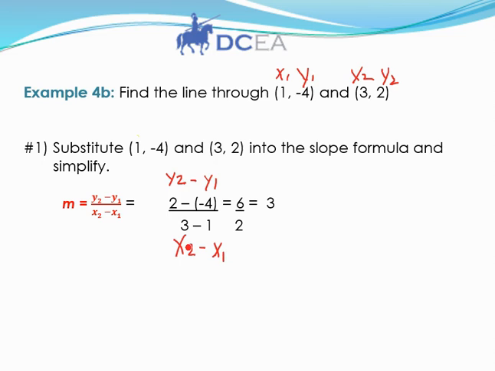So x2 was 3 minus 1. So 2 minus negative 4 is the same as saying 2 plus 4, which is 6. 3 minus 1 is 2. And 6 divided by 2 is 3. So the slope of this line is 3.